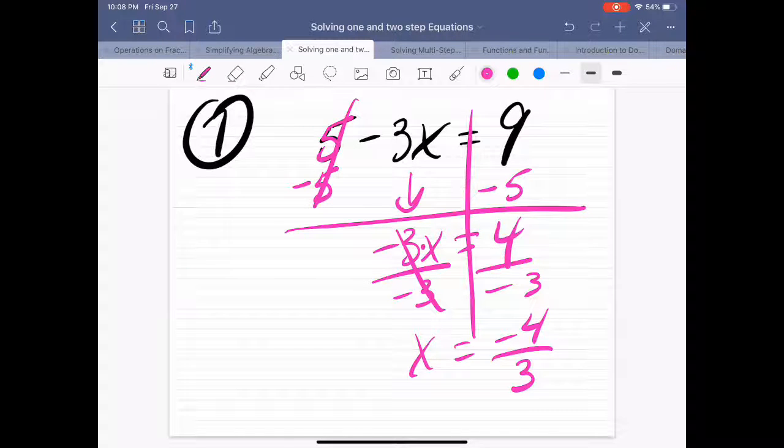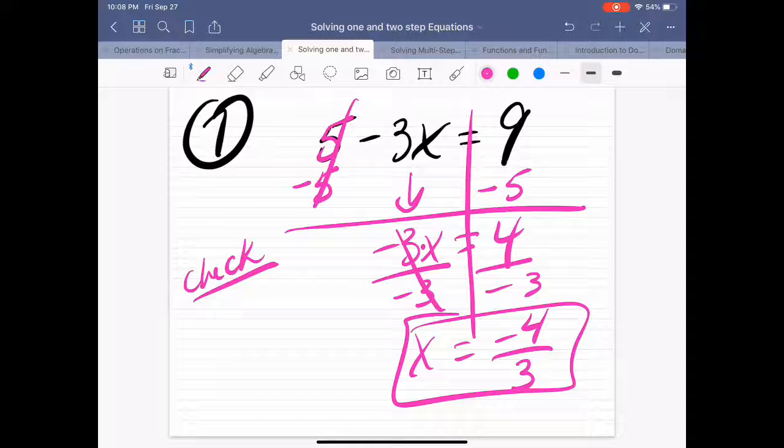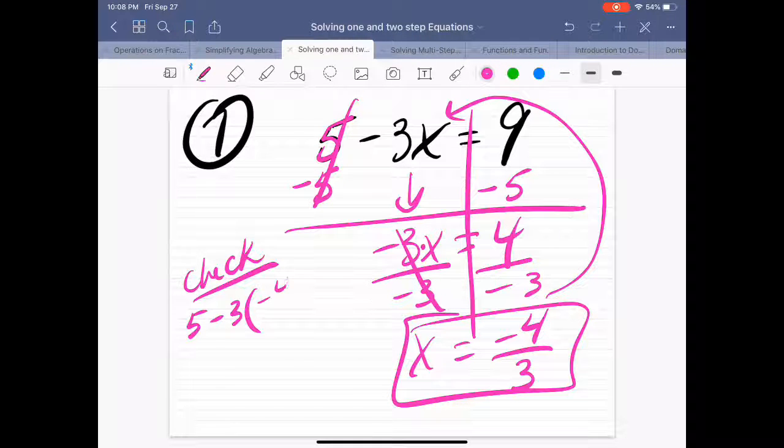Let's check our solution real quick. To check, you're going to substitute negative 4 over 3 for x, and we're trying to see if the left side equals the right side. We're going to distribute this negative 3, so bring down the 5.